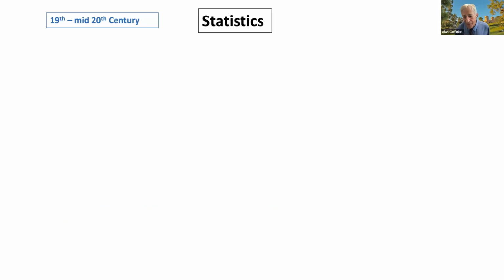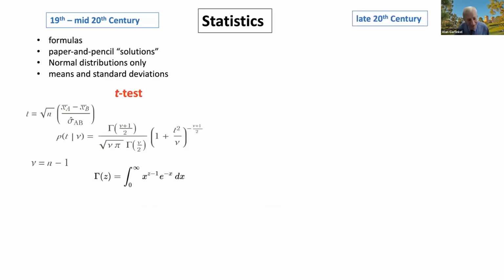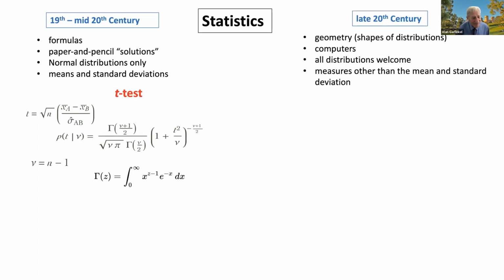So once again, we're in the same kind of situation. We have 19th century statistics with all of these crippling assumptions, and we have late 20th century statistics, which frees us, freedom of measure, I like to say, measures other than the mean and standard deviation.